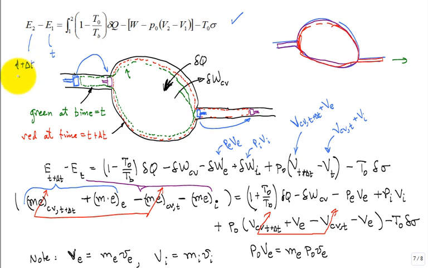Got it? And now we say, okay, what is the exergy at time t? Well, it's made up of two parts. It's the exergy that's in the control volume at time t plus the exergy that's about ready to flow in, subscript i.